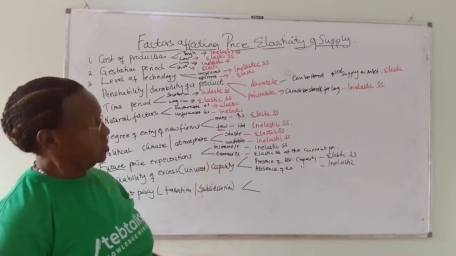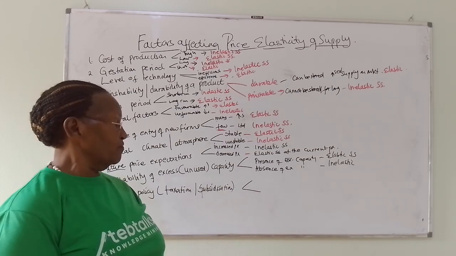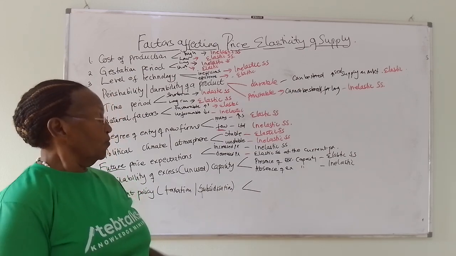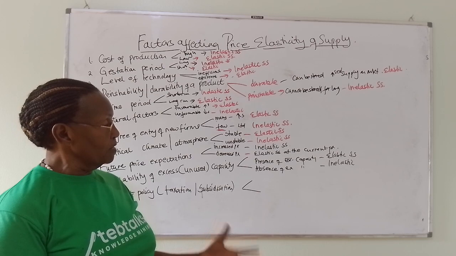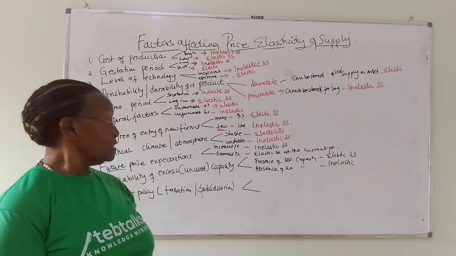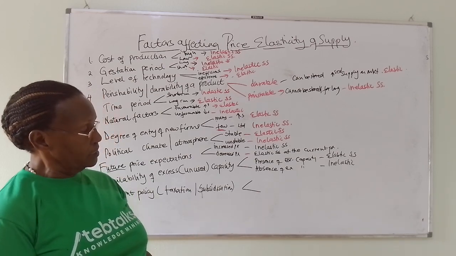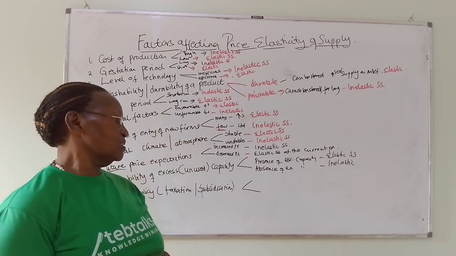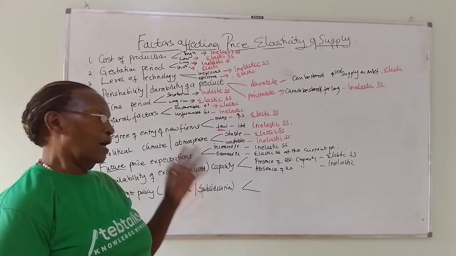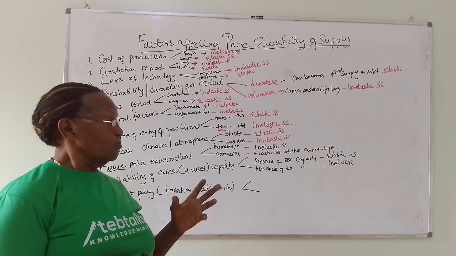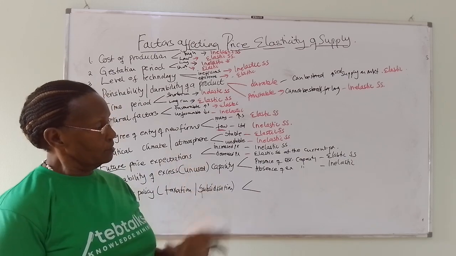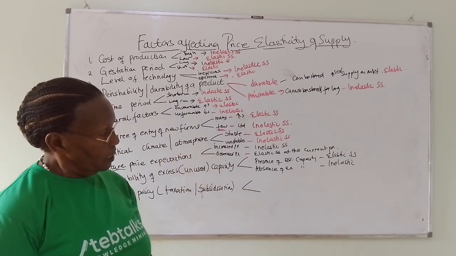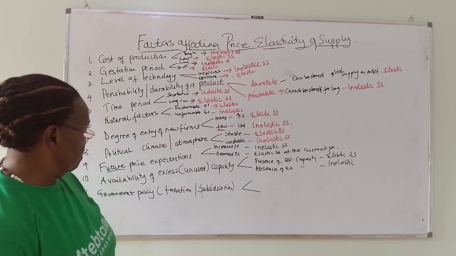When you have that potential, the land is available, you are in a factory, but all the machines are not being used because the demand was not there, but now the demand is there, indicated by the increase in price, definitely you use all the machines to produce a large quantity, and you'll be able to respond by increasing the quantity supplied in line with the increase in the price.